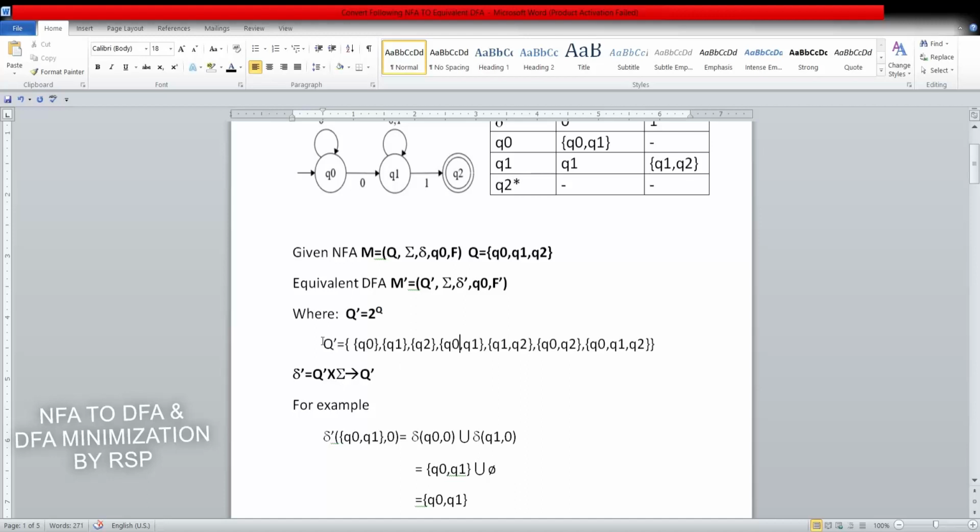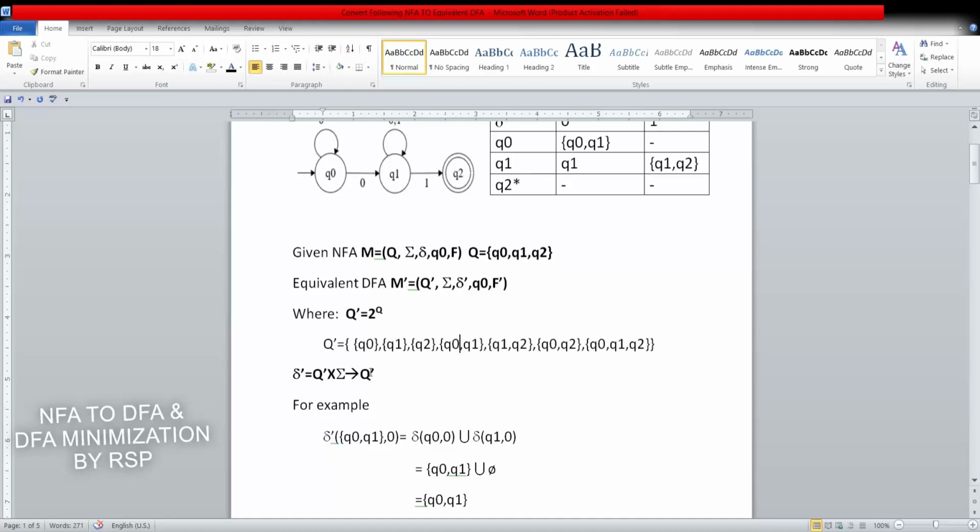Now, once we find the Q dash, we will see how to find the delta dash. Delta dash is a transition function, and we are finding the transition on all the states which are there in the Q dash. It is defined by Q dash, sigma gives the next state, that is Q dash.